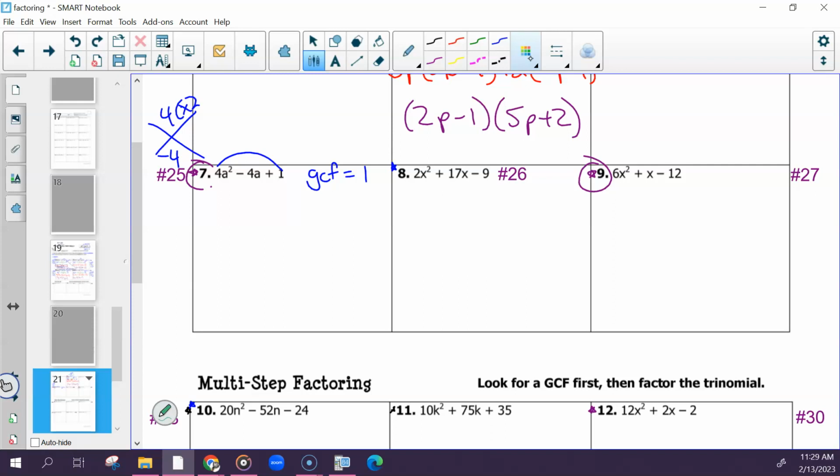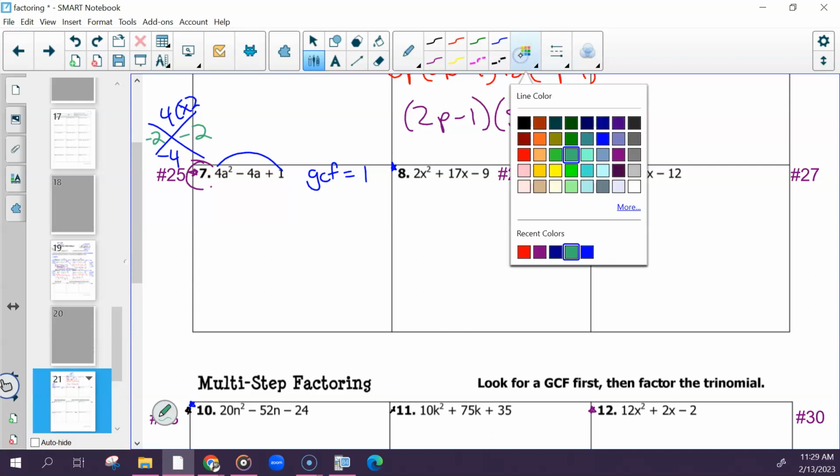Two numbers that multiply to be 4 but add to be negative 4. Negative 2, negative 2.